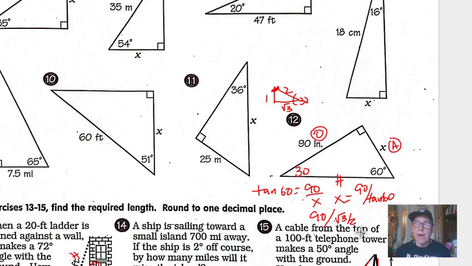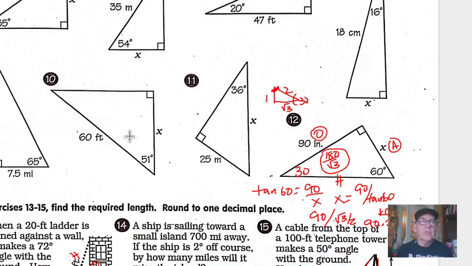We're dividing by a fraction, so remember, keep, change, flip. From algebra, you're going to do 90 times 2 divided by root 3. So we get 180 divided by root 3. And I need a calculator to finish it off.